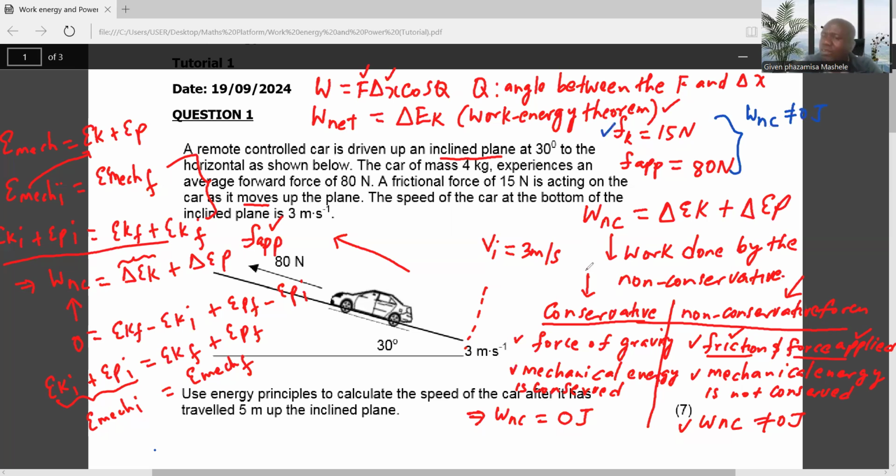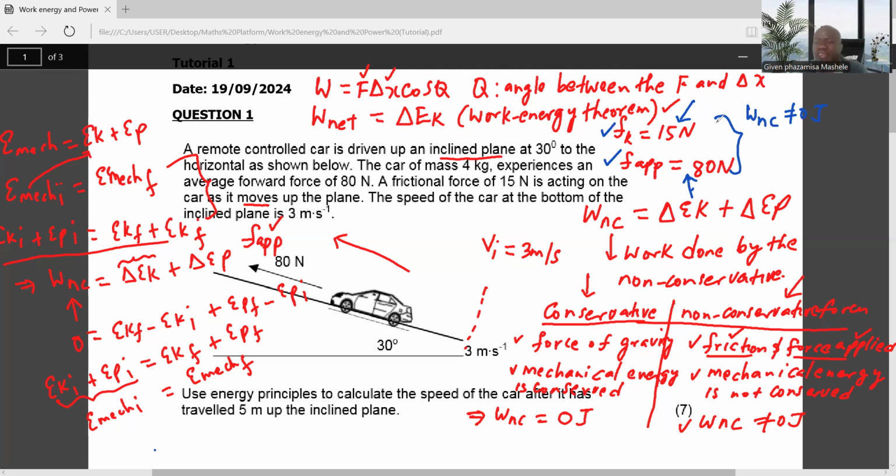Frictional force is a non-conservative force, and this one is also a non-conservative force. Why are they regarded as non-conservative forces? It's because when you calculate their work done, it depends on the path taken by an object. That's why frictional force decreases the net work done on an object, and force applied increases the net work done on an object. So it causes work done before and after not to be the same.